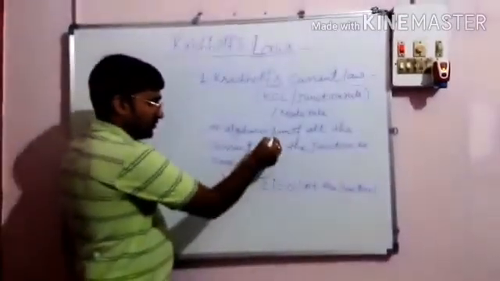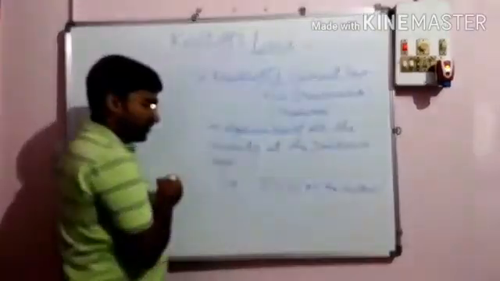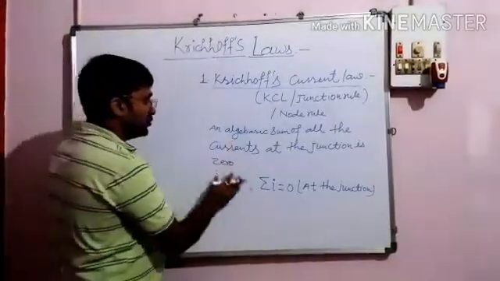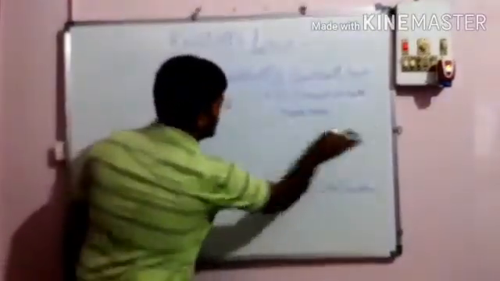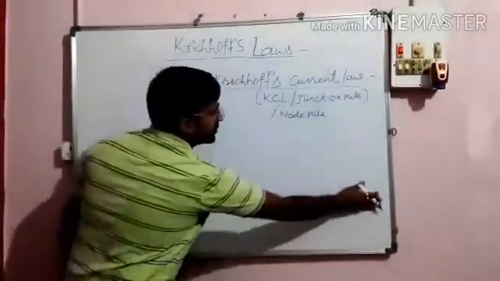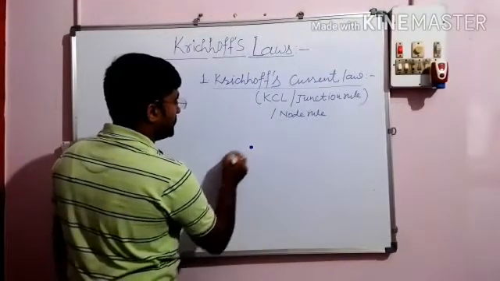अब यहाँ हम लोग को ये समझना है कि sum of all the currents. How many types of current at the junction? There are two types of current at the junction. First is incoming current and second is outgoing current. This is the junction point.